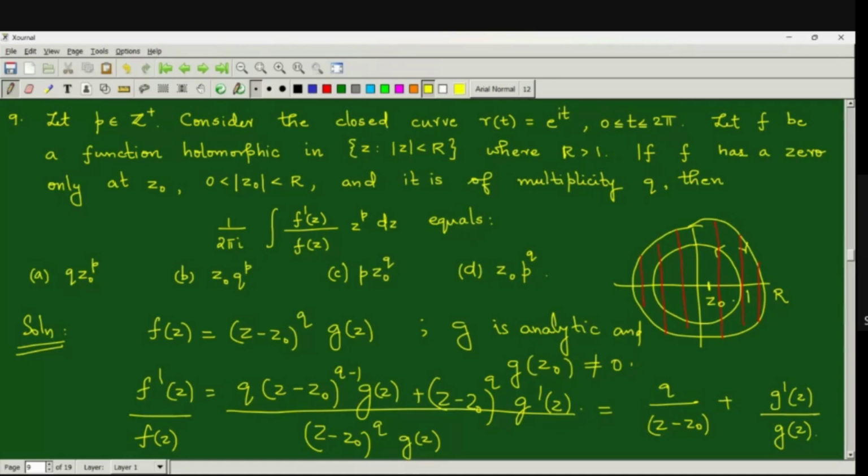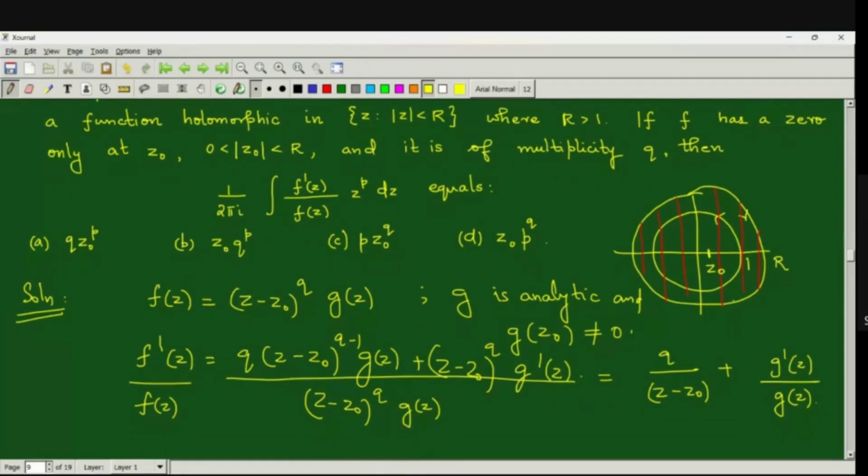Till this you got? Yes, ma'am. Okay. Now we have to look into the integral. What is the integral? Integral of this thing plus integral of this thing. The second is not going to have any zeros inside the circle, so by Cauchy's theorem, this is identically equal to 0.